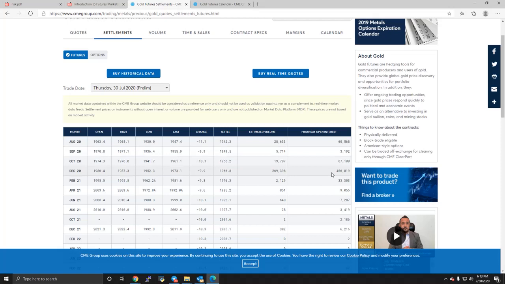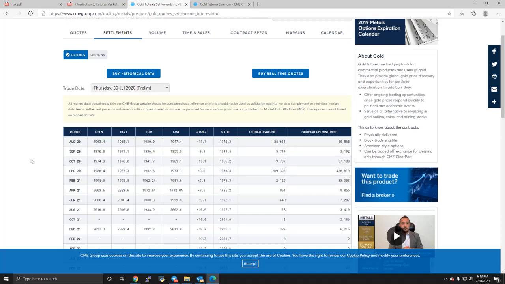Now, there are many reasons one can come up with as to why volume goes into December. December is a very important futures market month. It marks the end of the year. Real producers and consumers of gold who are using these contracts from a treasury management perspective to hedge risk, like the December contract, it allows them to hedge risk for the calendar year.